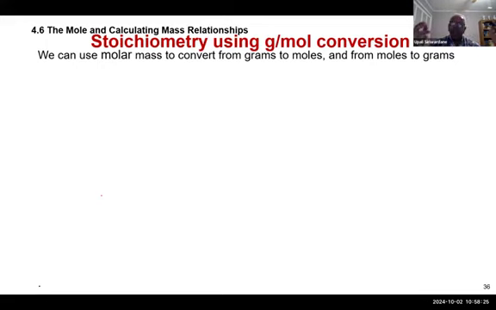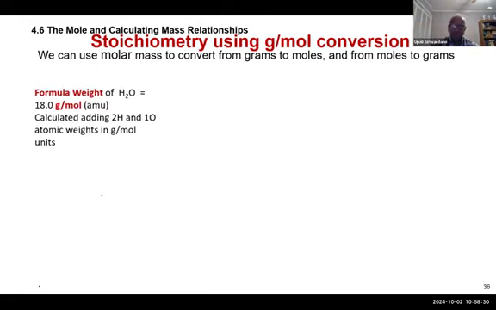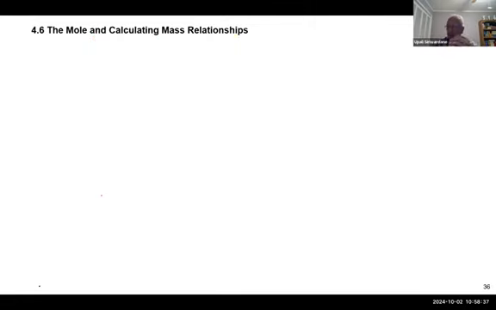Now, let me tell you about this. When you do a chemical calculation, you use a chemical equation. What a chemical equation represents is atoms, molecules, and ions. Normally, those are the chemicals we think of in the chemical reaction.